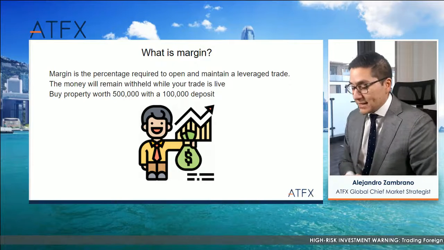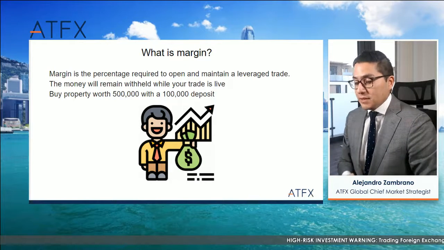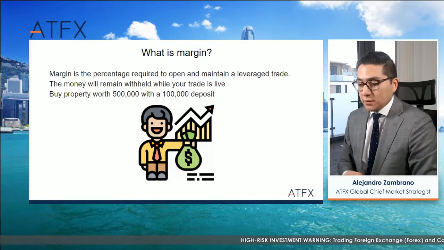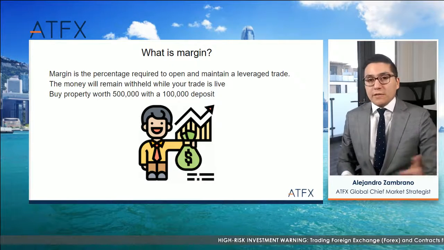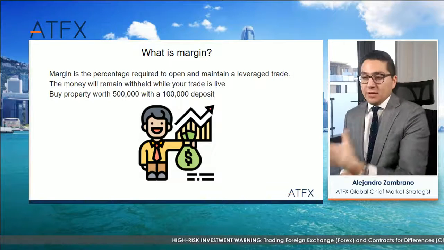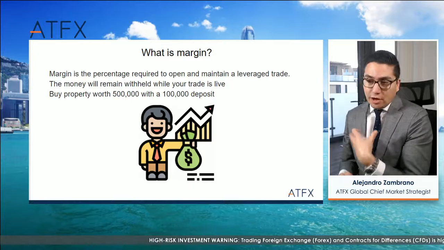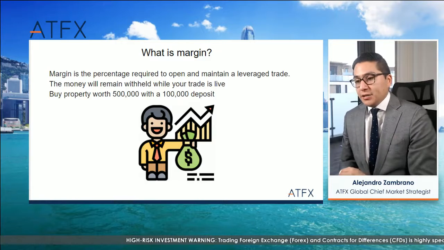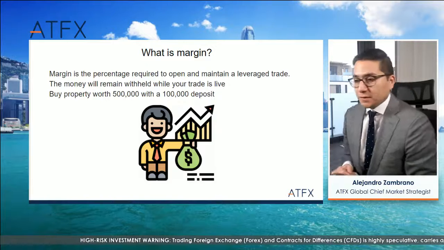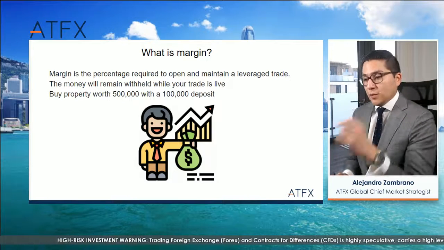Of course, if you can sell back the property, say you buy for $500,000, you live there for 2 years, and then you want to move out because you got a good job in another part of the country, or just want to move away. If you can sell the property back for $500,000, then you get the $400,000 back to the bank, and you get $100,000. So something similar to that when you trade financial markets.